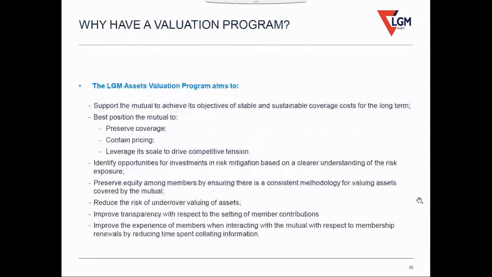Next slide. And in terms of why have a valuation program, really it's an aid to support the mutual to achieve its objectives, or any insured in achieving their objectives. So in the case of the mutual, that's about stability and sustainable coverage costs for the long term.